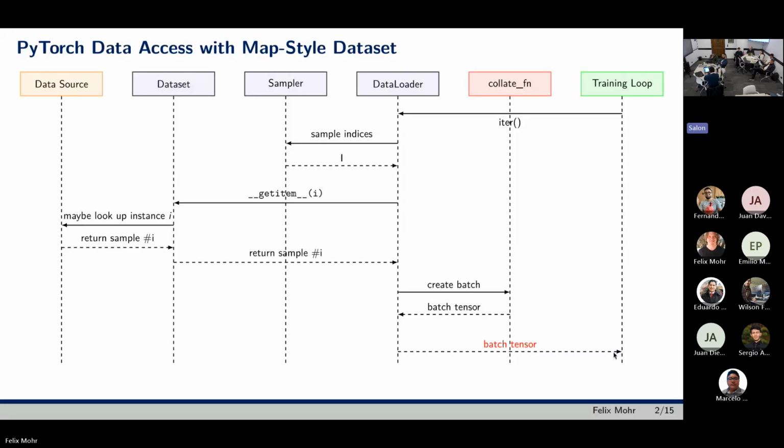Everything else is free. Maybe this could be a single batch tensor, but it could also be two tensors, one for the X and one for the labels. It could also be three or four. Typically you have a number of tensors, and all of them have the same length, because the batch size defines the length. It could also be a dictionary, for example.